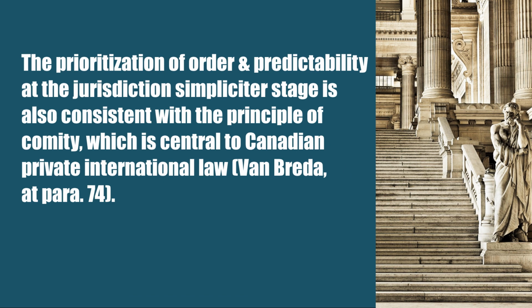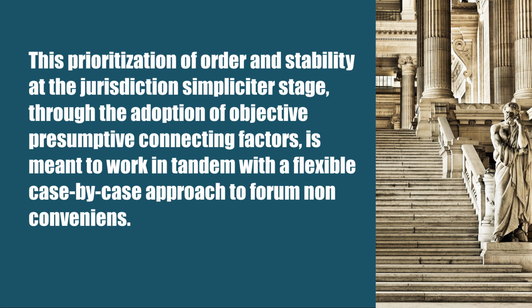The prioritization of order and predictability at the jurisdiction simpliciter stage is also consistent with the principle of comity, which is central to Canadian private international law. The prioritization of order and stability at this stage, through the adoption of objective presumptive connecting factors, is meant to work in tandem with a flexible case-by-case approach to forum non conveniens.